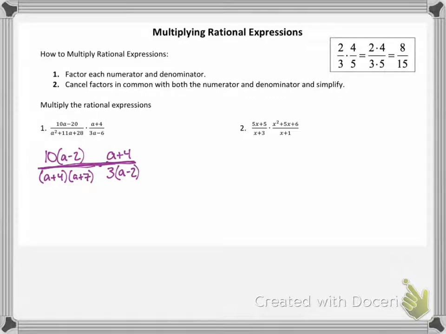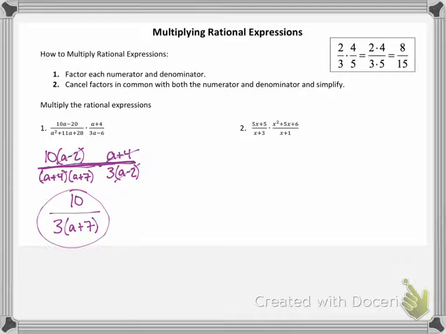All I have to do now is look at the top and the bottom and see what can I cancel. There's an a minus 2 in the top and the bottom. It doesn't matter that they're from different fractions. Since they're being multiplied, it all becomes one fraction anyway. The a minus 2's cancel. So do the a plus 4's. What that leaves me with is a 10 up in the top, a 3, and an a plus 7 in the bottom.